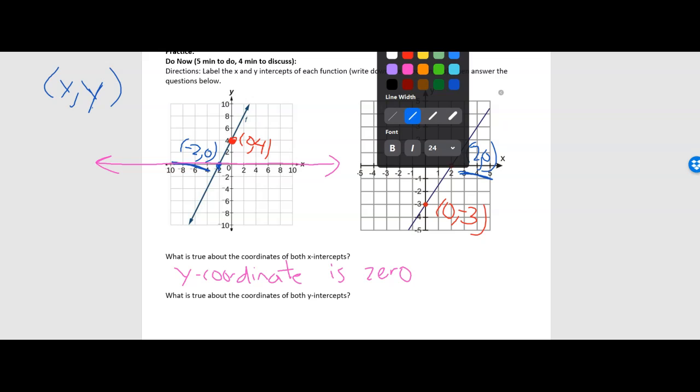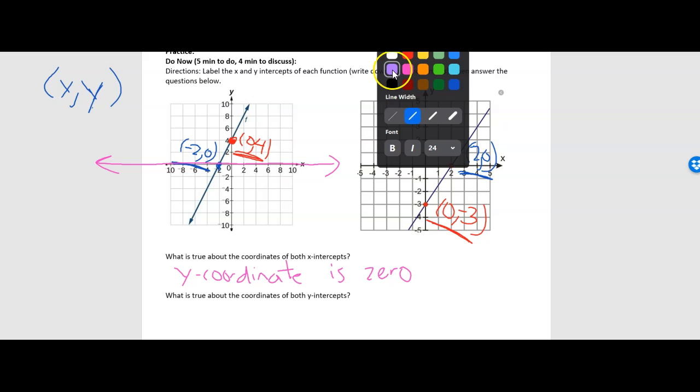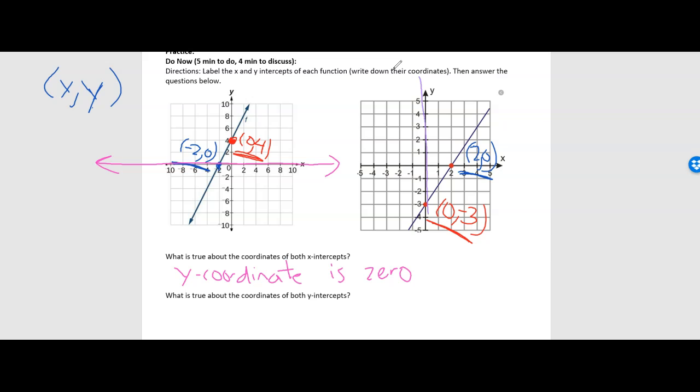If we look at the y-coordinates of both y-intercepts, we've got (0, 4) and (0, -3). This time, the x-coordinates are both 0. That makes sense because if we look at the y-intercept, we haven't traveled in the left direction or the right direction.